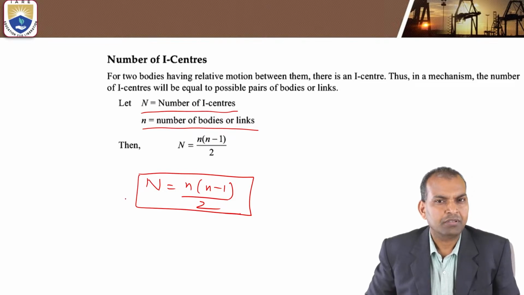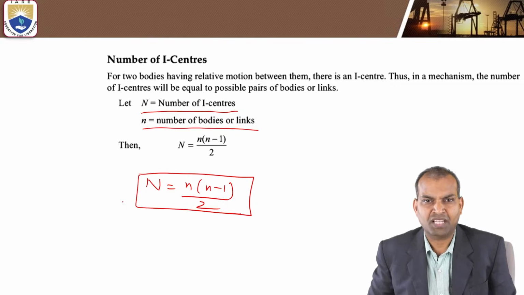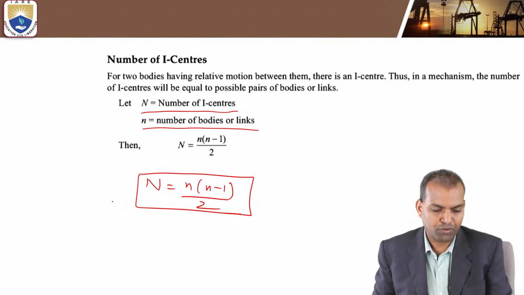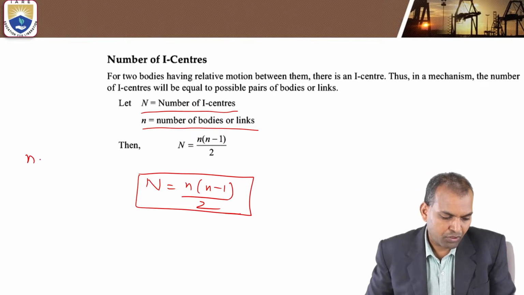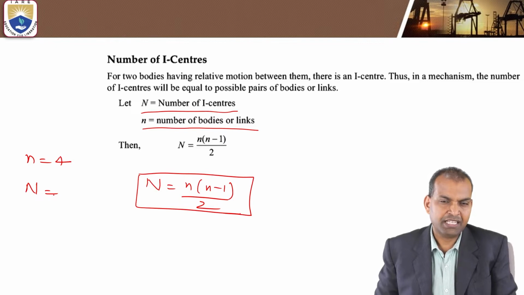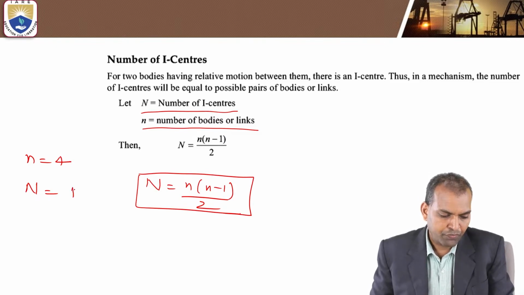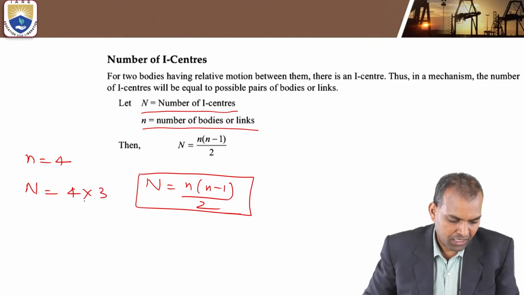For a 4-bar mechanism, the number of links n equal to 4, and the number of I centers N equal to 4 into 4 minus 1, 3 by 2, that is 6.